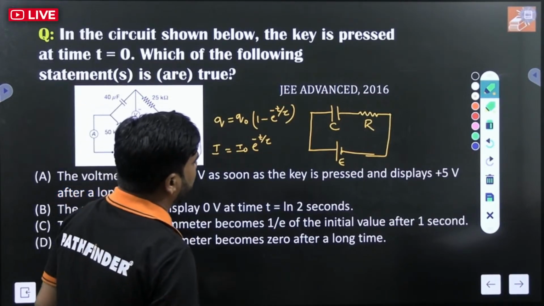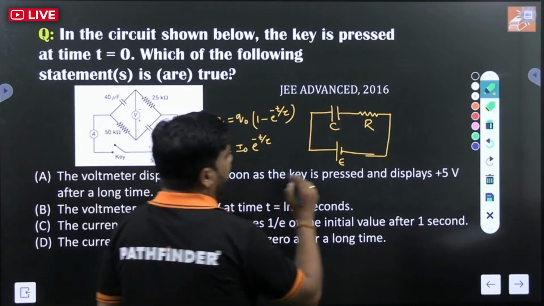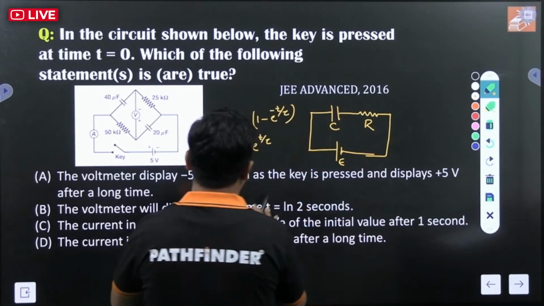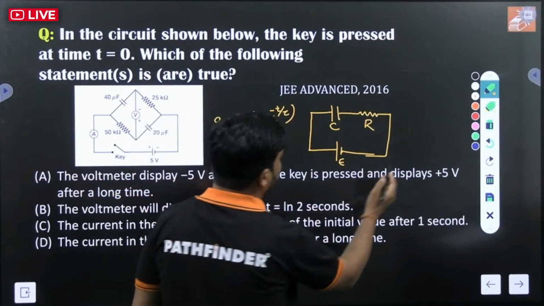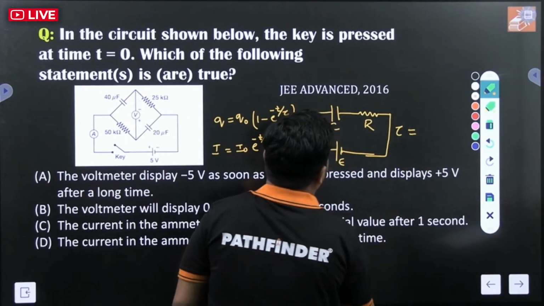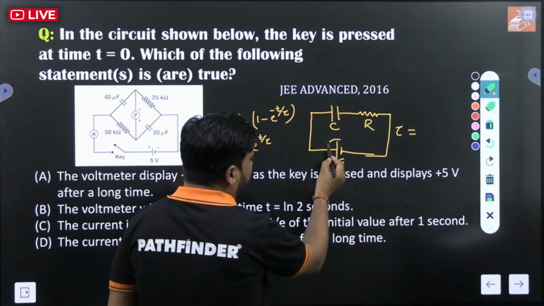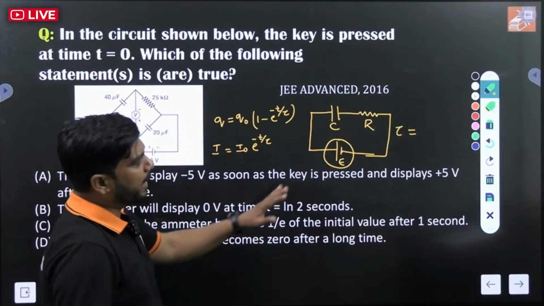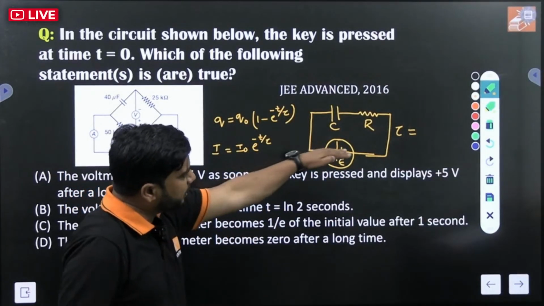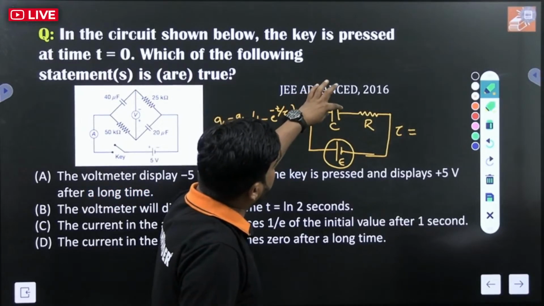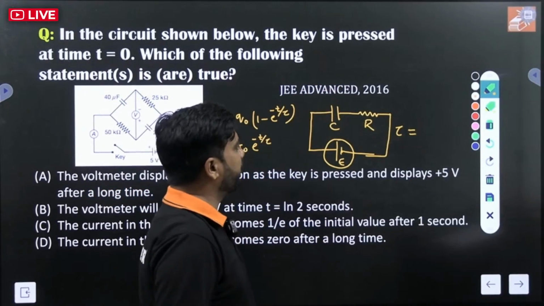So this is the relation for the charge and this is the relation for the current in the RC circuit. And one more thing, time constant tau. How to calculate the time constant? I'm doing it at the beginning of the question. Just short circuit the battery and calculate the equivalent R across this capacitor.